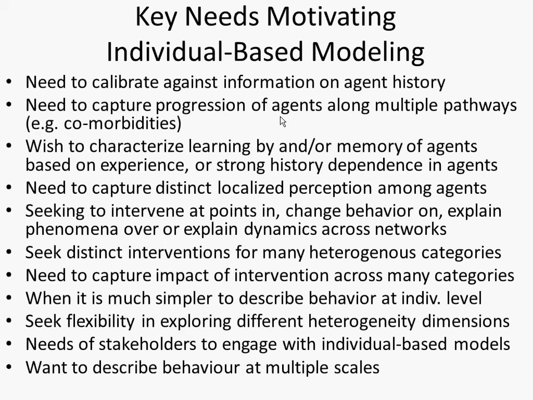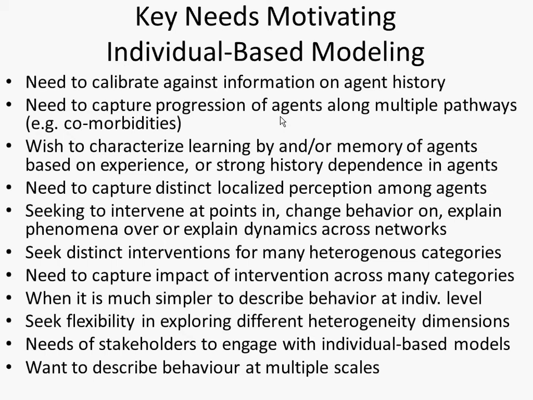Trying to capture learning by agents with an aggregate model, to have agents change their behavior in substantive ways based on their past experience, is hard to do really well at an aggregate level. There are some interesting literatures on firm learning and learning curves by firms, but capturing this at an individual-based level is easier.